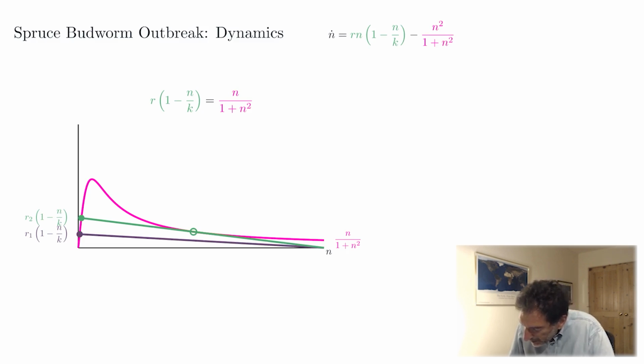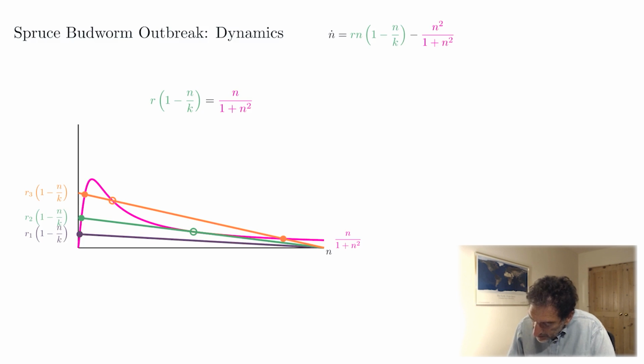at a relatively large value of n. As R increases still further, we have something which looks like this, for example, and we have a fixed point at a relatively small value of n, a fixed point at a large value of n, and another intermediate fixed point.